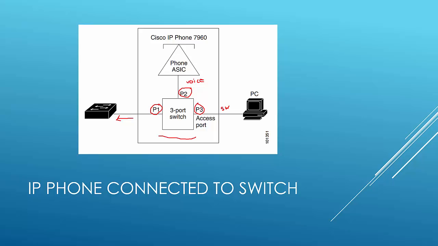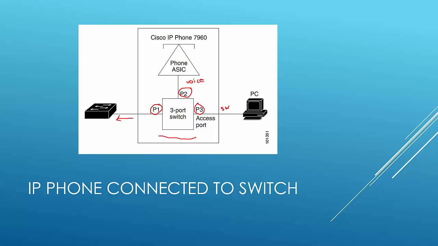Now we have to configure this access port, which is connected to the switch. You could configure it with one VLAN for voice traffic, and then add another VLAN for the data traffic from a device attached to this phone, for example this computer.